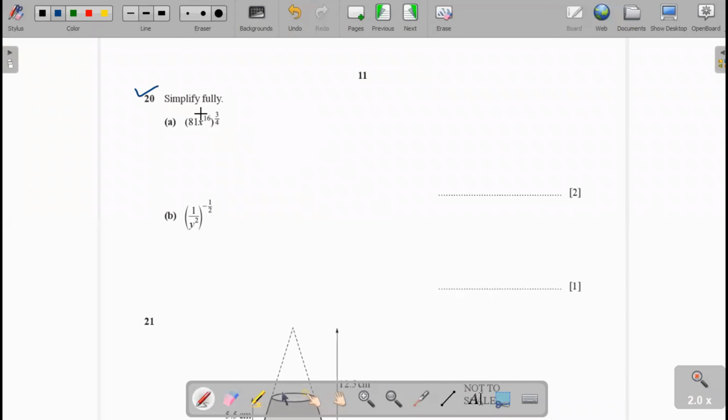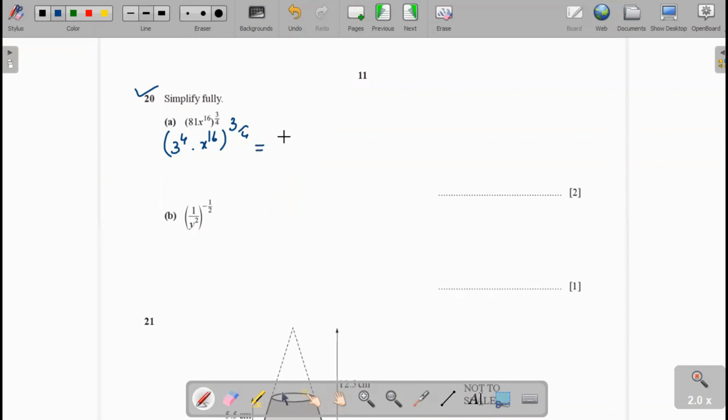Question 20, simplify fully (81 x power 16) to the power 3 over 4. Now, 81 can be written as 3 power 4 when we factorize it. Here the x base power is 16 and the whole power is 3 over 4.